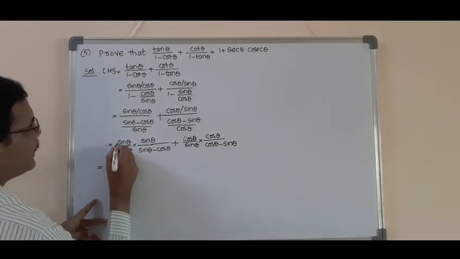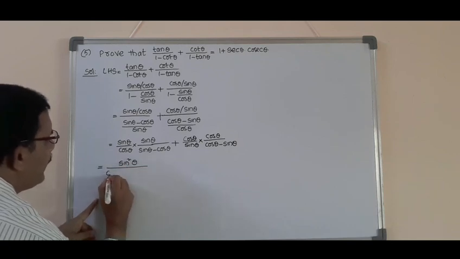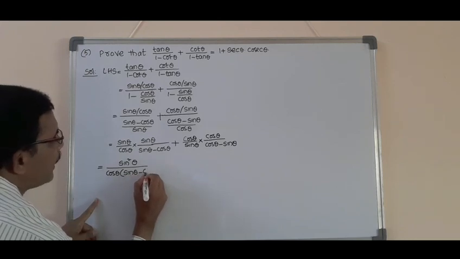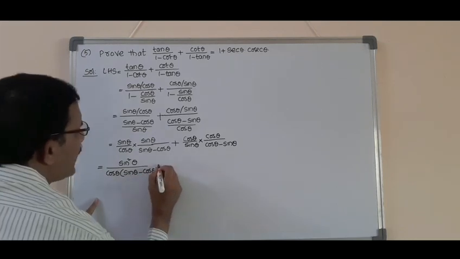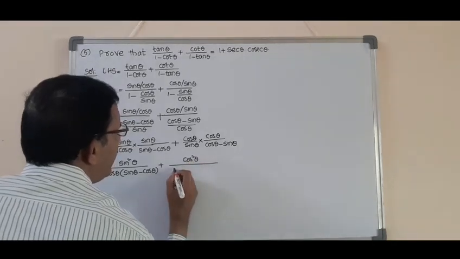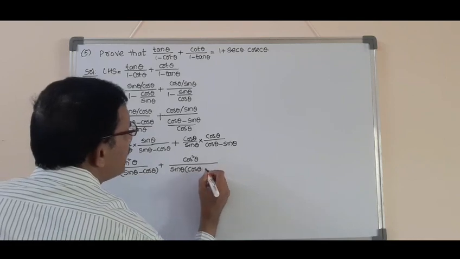This is equal to sin theta into sin theta, sin square theta by cos theta into (sin theta minus cos theta), plus cos square theta by sin theta into (cos theta minus sin theta).